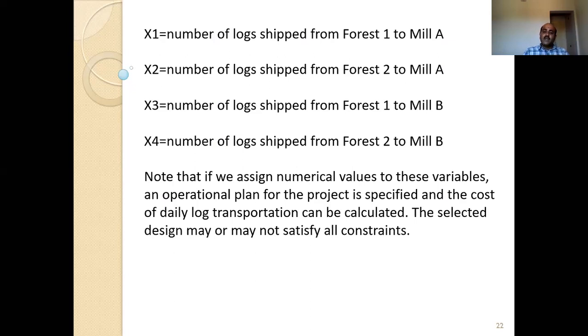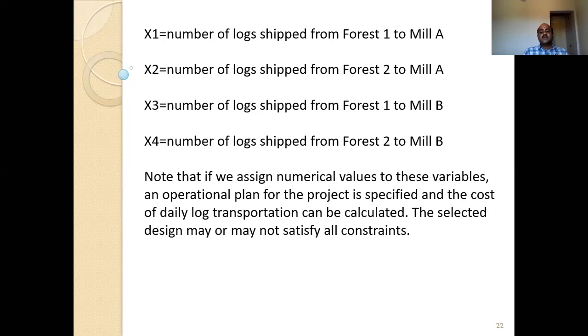Note that if we assign numerical values to these variables, an operational plan for the project is specified and the cost of daily log transportation can be calculated. The selected design may or may not satisfy all the conditions.